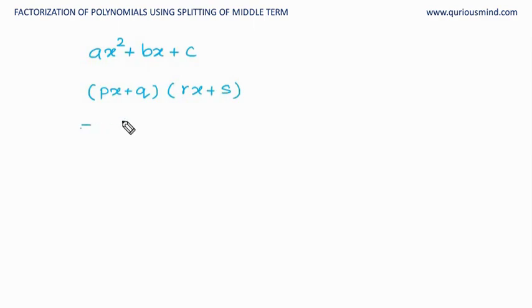Now let's simplify this. This gives us p into r x square plus px into s plus q into rx plus q into s.